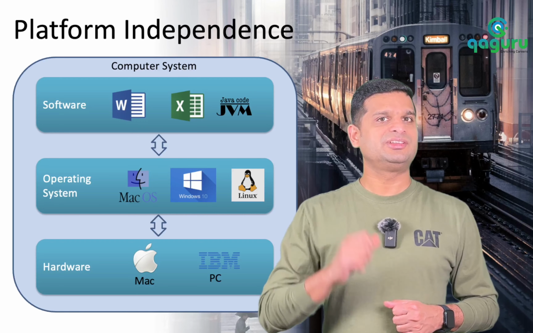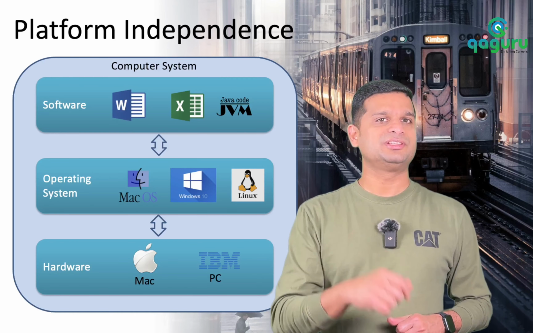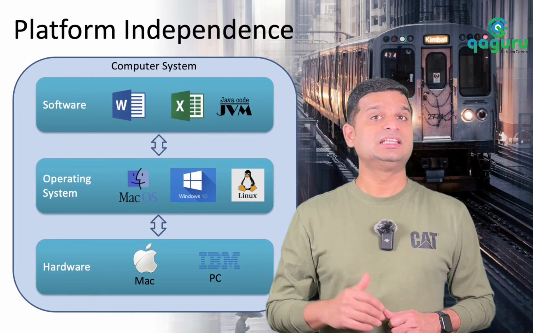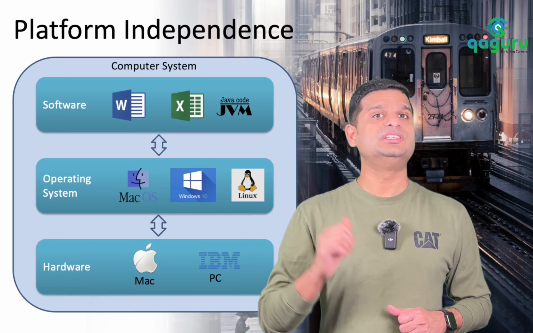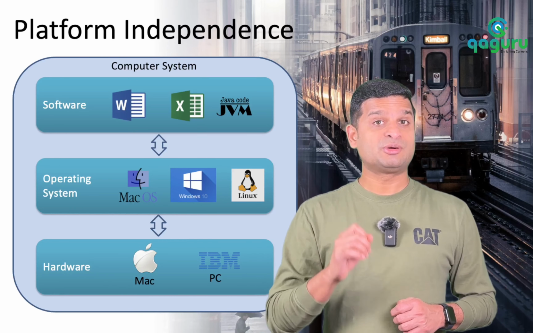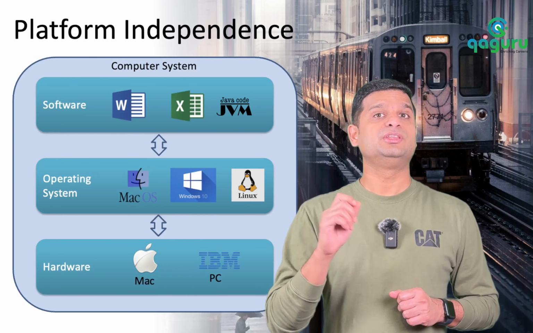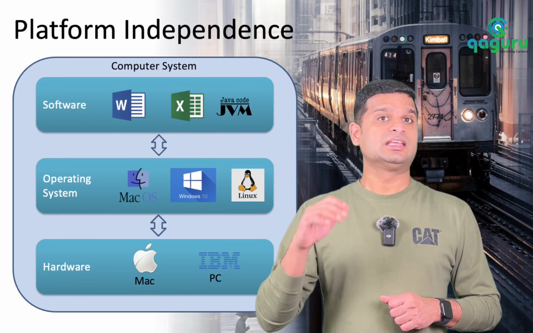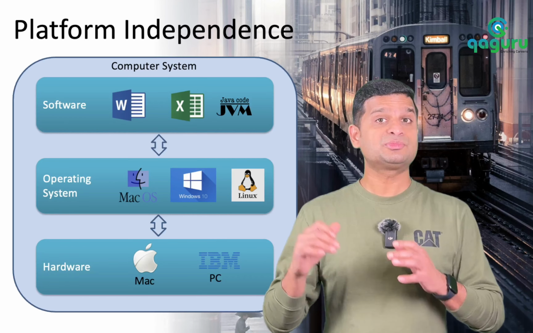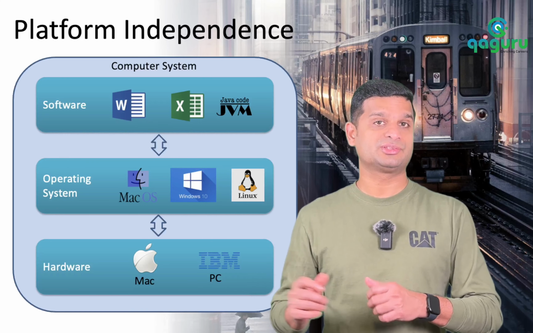The trick here is Java programs are not executed directly on the operating system, but on another software platform called Java Virtual Machine or JVM. So, if you need to run Java programs, you should have a JVM installed in your machine. Java programs communicate with JVM, and JVM translates the instructions from Java bytecode to the corresponding OS.